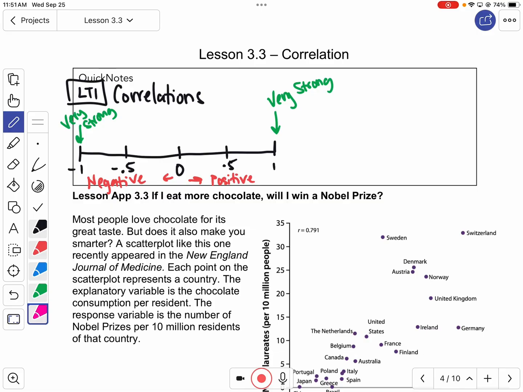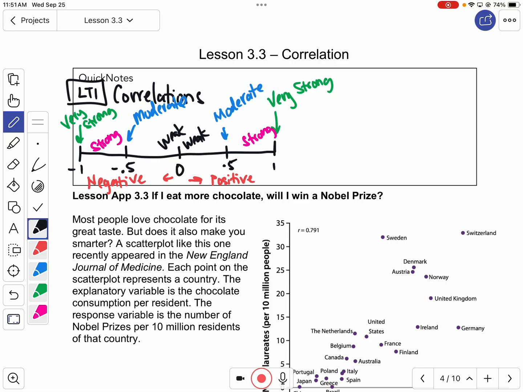In between that 0.5 and 1, we're going to call that strong. Guess what we call it when we hit 0.5? Moderate. Once we hit the 0.5s, we're going to call it moderate, and that makes sense because 0.5 is in the middle.